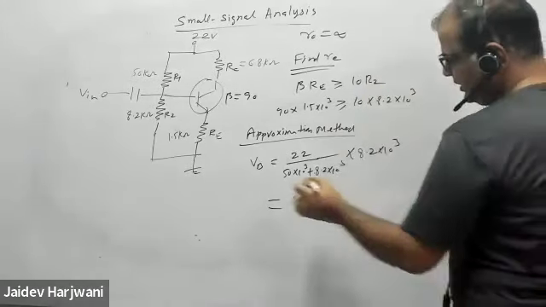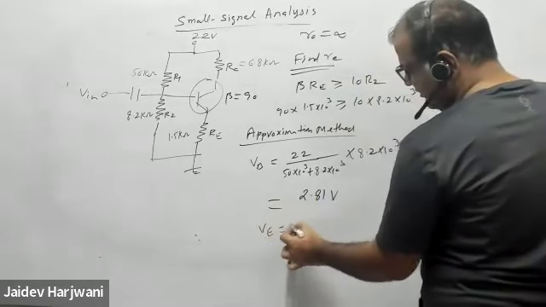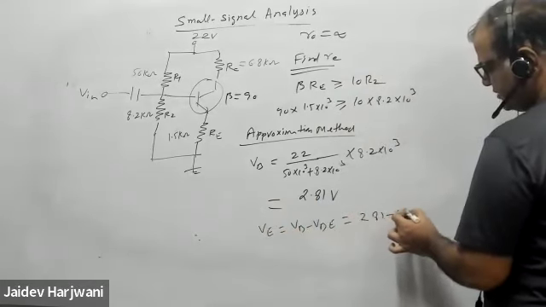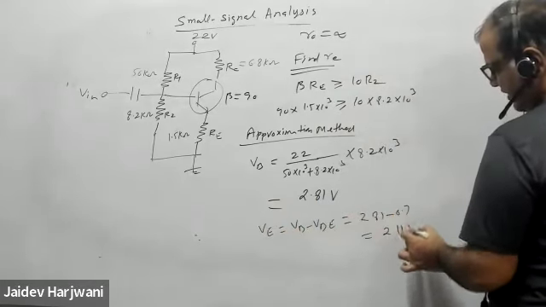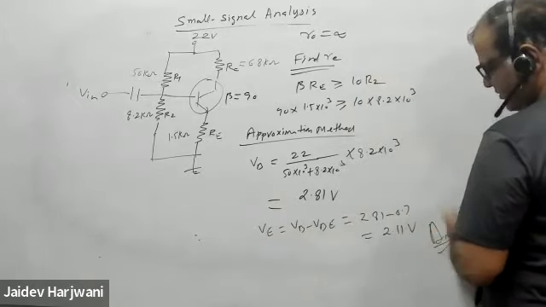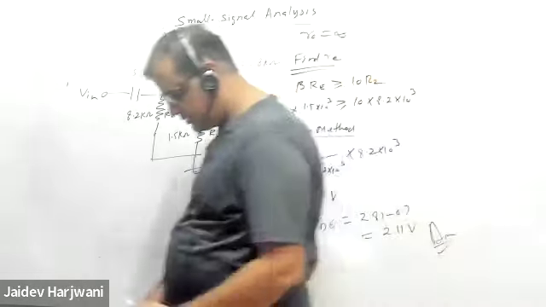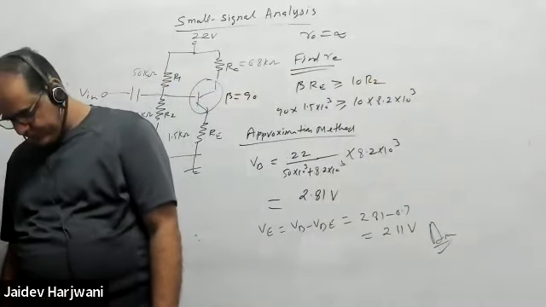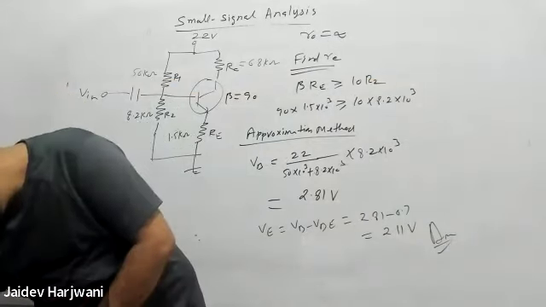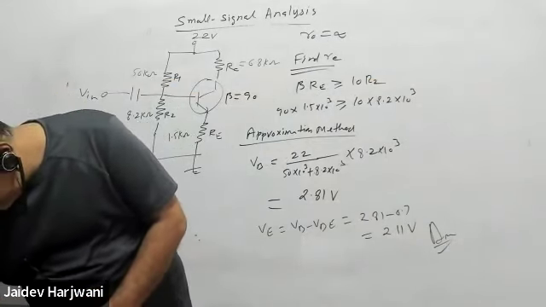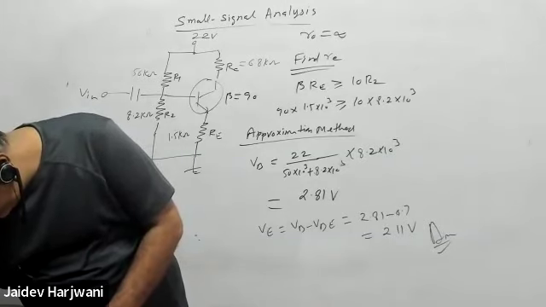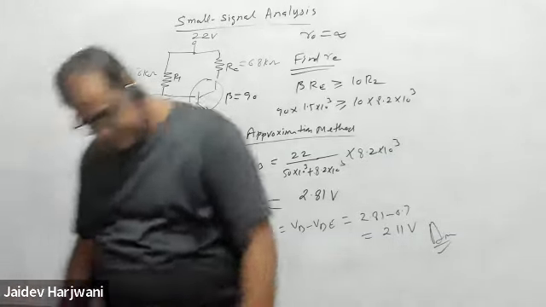Once you know VB, tell me VE. VE will be VB minus VBE, 2.81 minus 0.7, it should be 2.11 volt. Check the value and tell me whether it is correct. Sir, VB is coming 3.1.